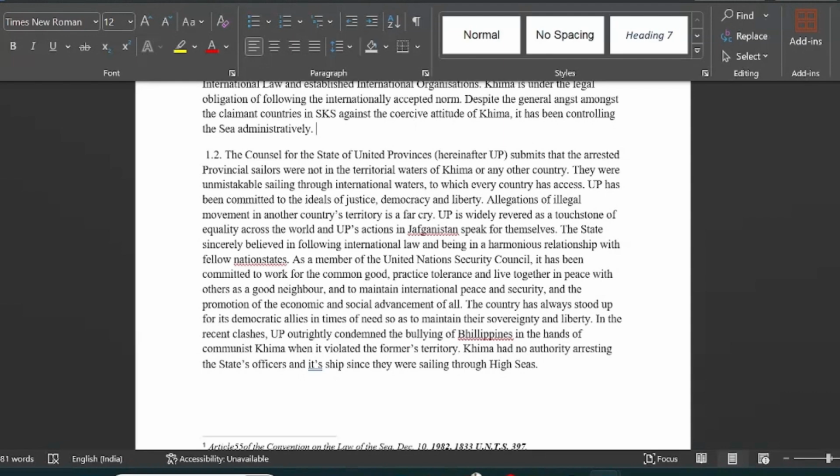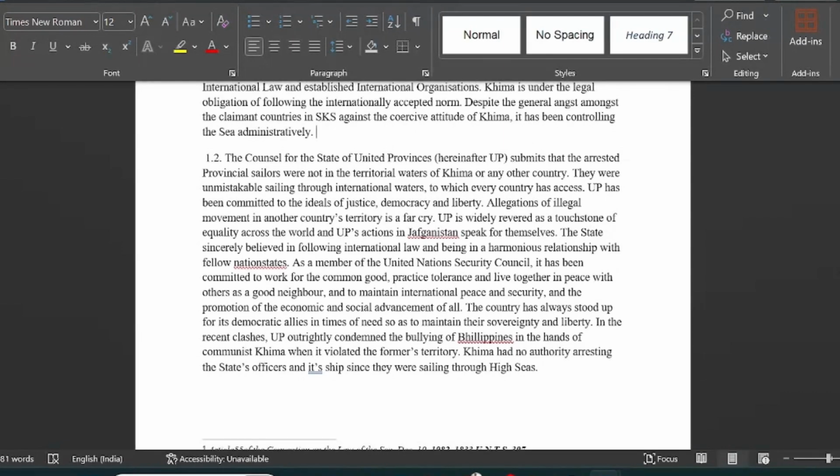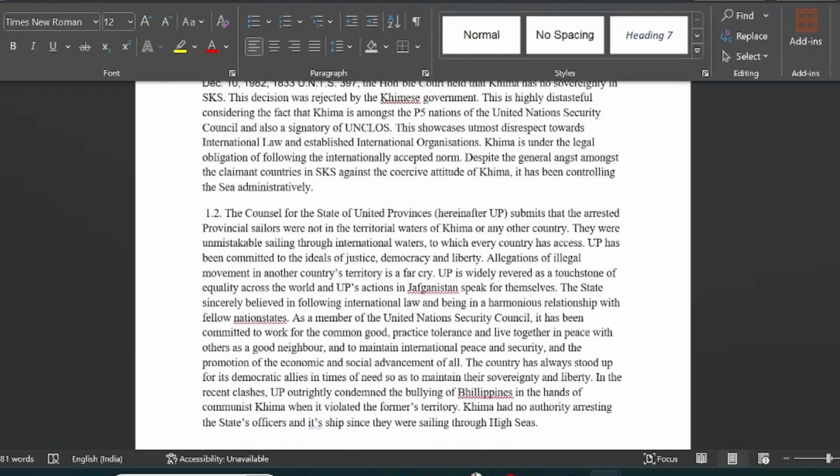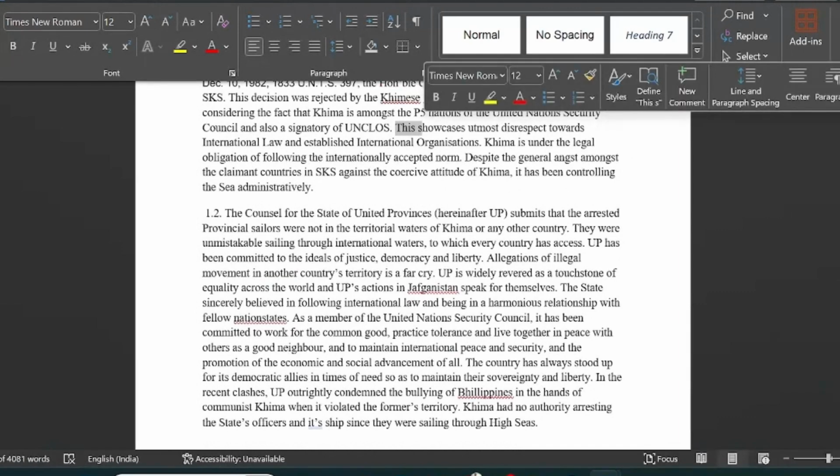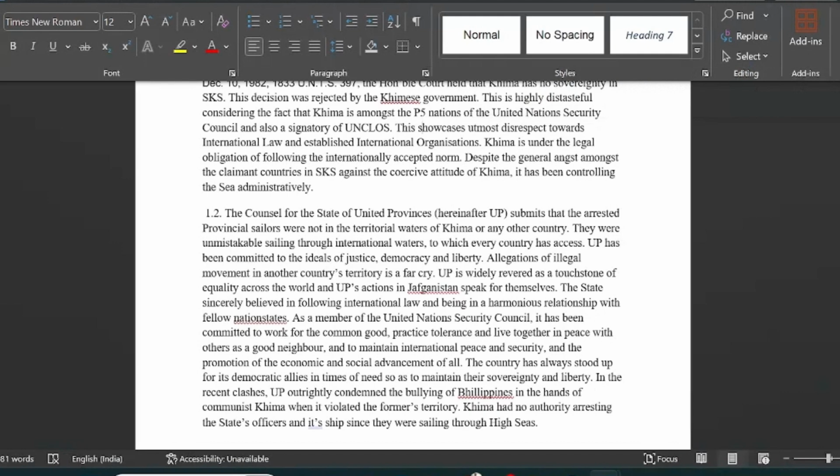So what am I trying to do? Trying to put down South Kima Sea. How am I trying to do that? Quoting statements, quoting clauses, giving international examples, and laws and case laws, exactly how you would present in front of the court. It has to sound like a convincing chain of arguments, one supporting the other.